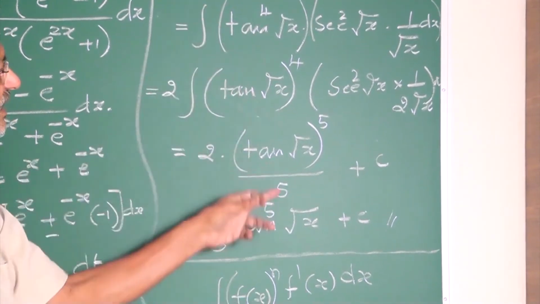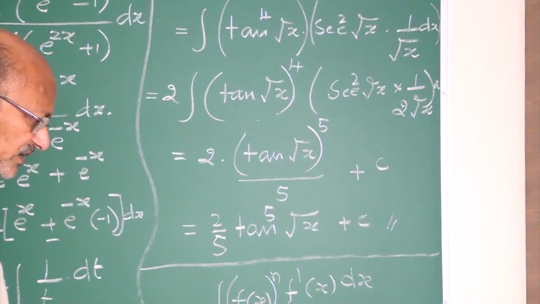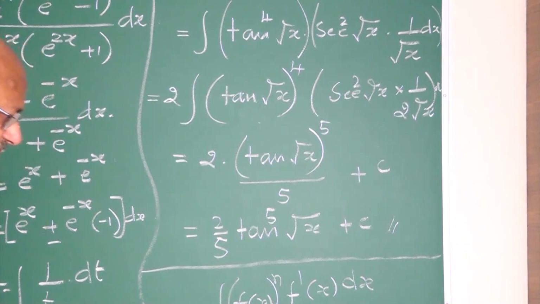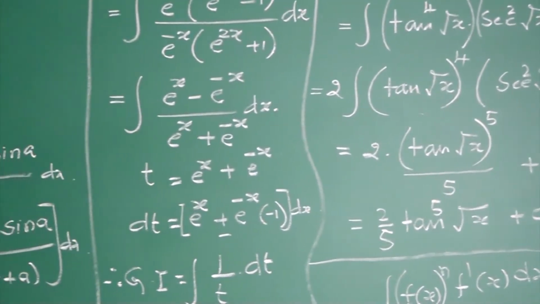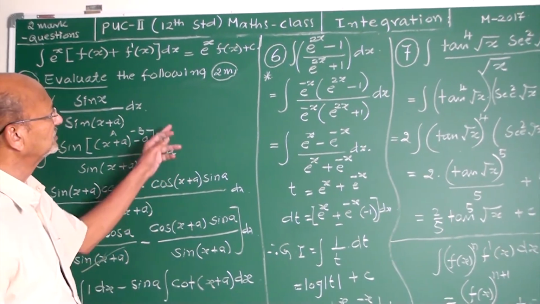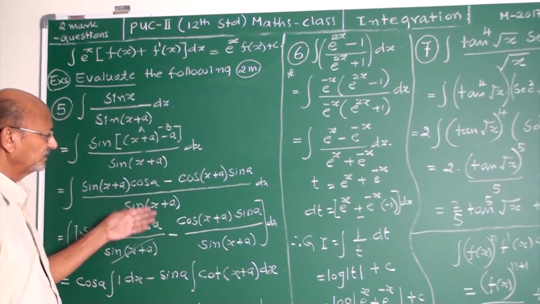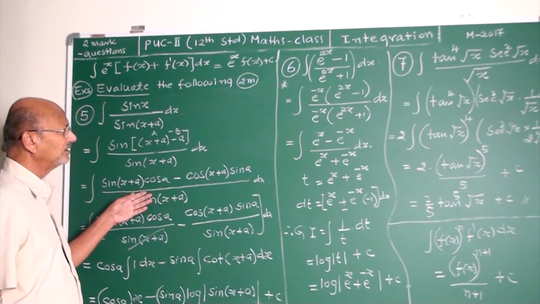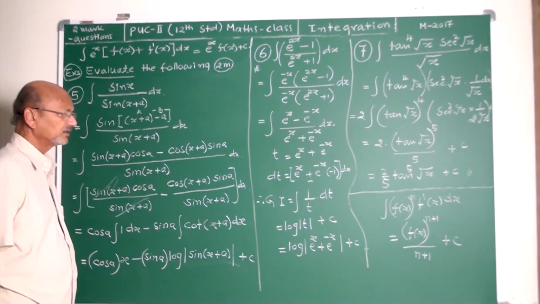This is an example which appeared in your question paper, my friends. These are some examples. Again, I have selected them for 2 mark questions here and there. One or two steps may be more, but if not under 2, they will appear under 3 mark questions.